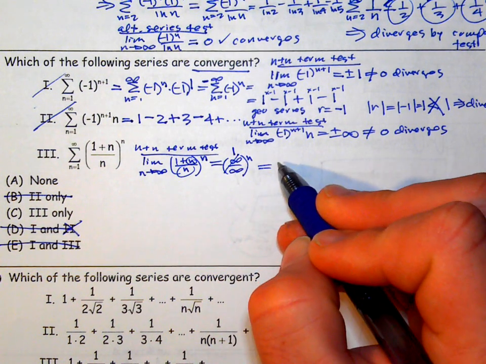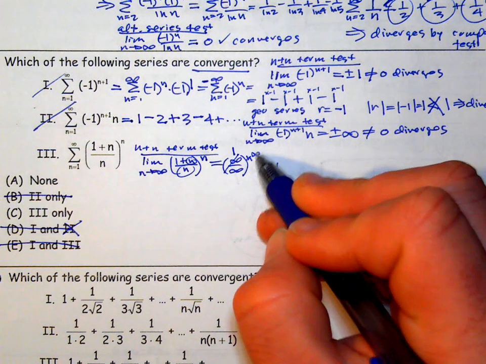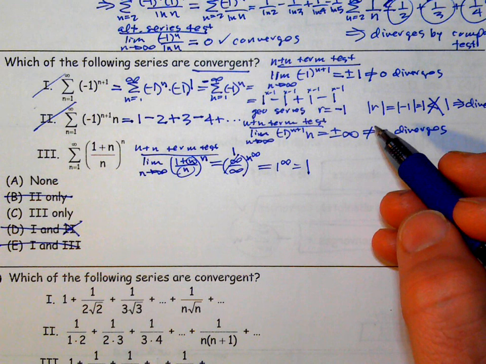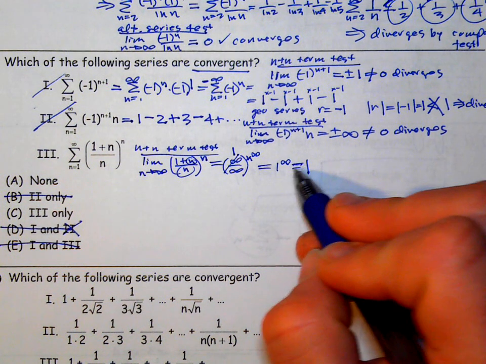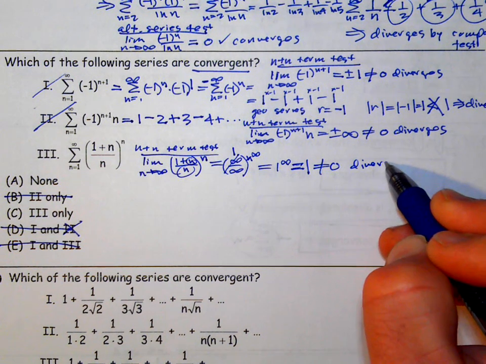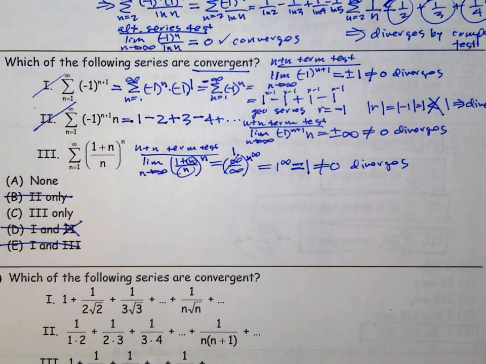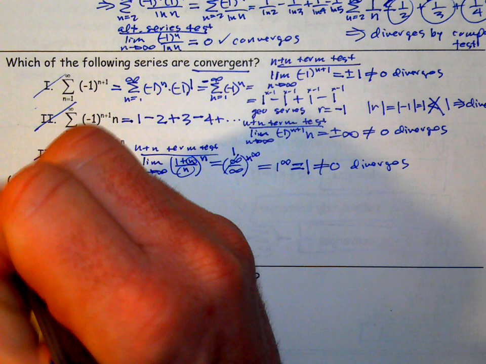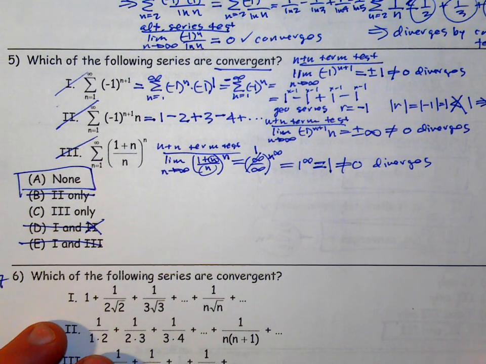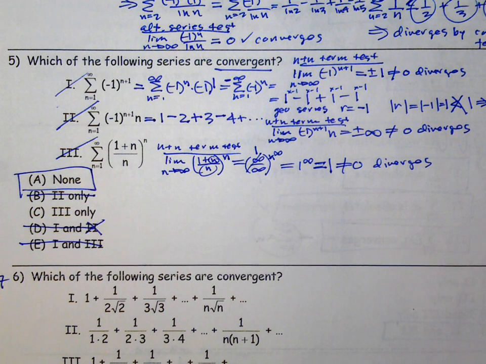So the terms are going to 1, which does not equal 0, which means it diverges. So none of them work. And the nth term test, I think, was the easiest way to show they all diverge.